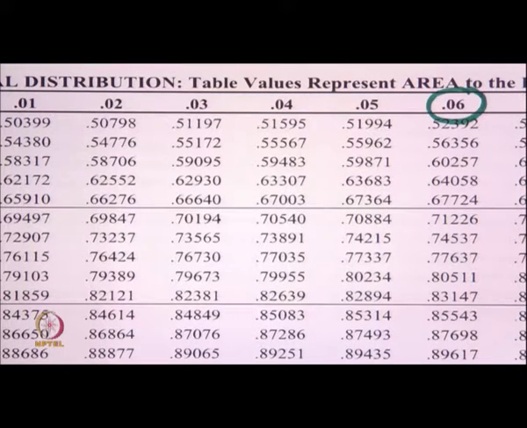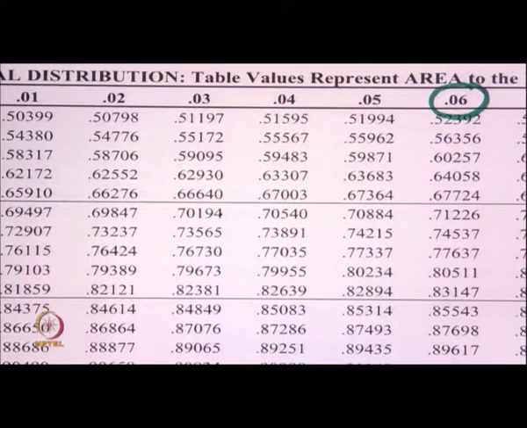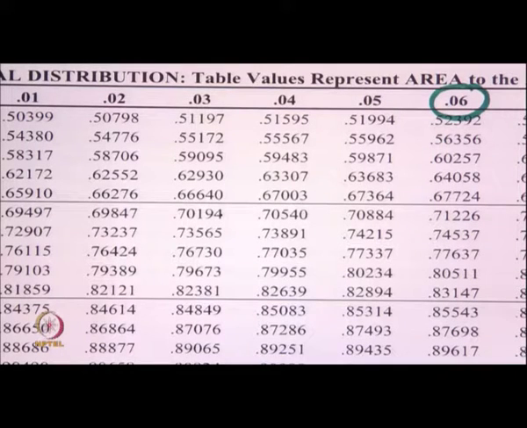In a similar way, suppose we want 99% confidence interval. Therefore, what we will be looking at? We will be looking at a value such that below that the probability of occurrence is going to be 0.995.